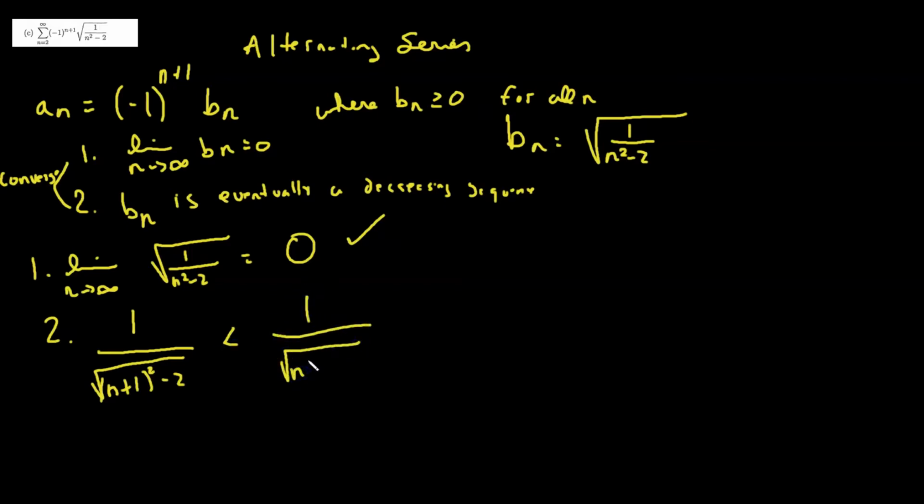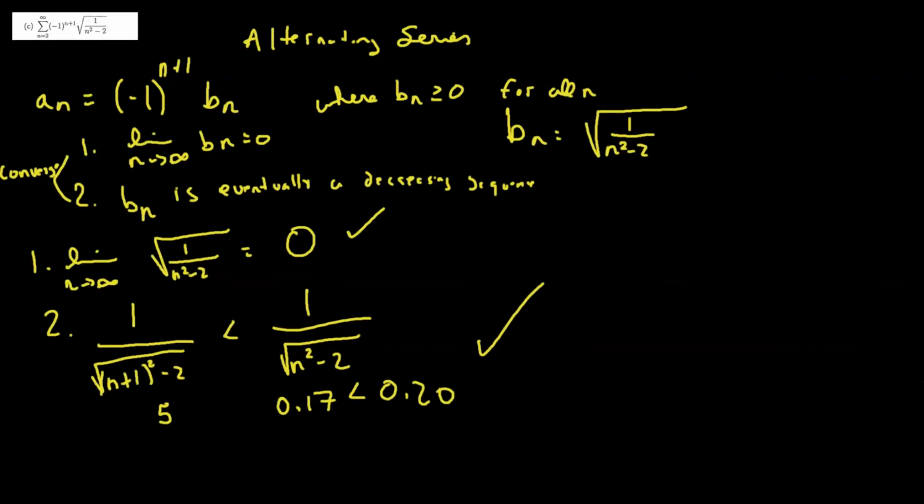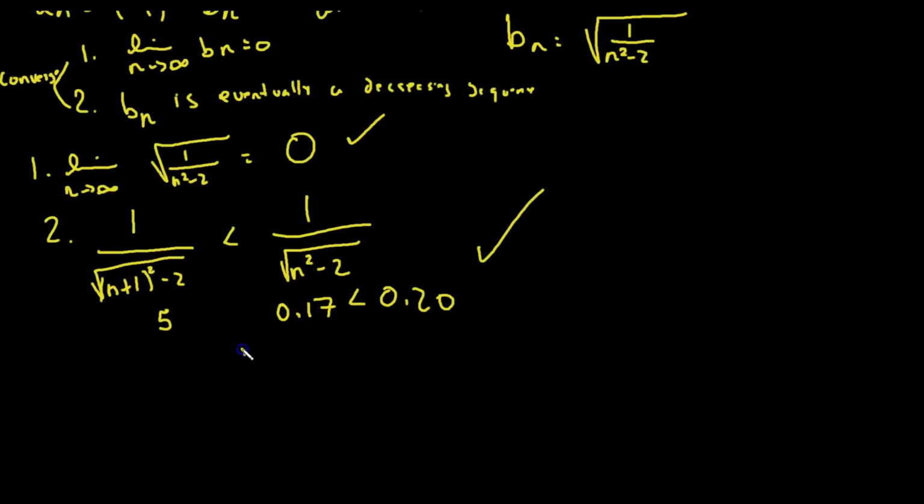So if this condition is satisfied, then we have a decreasing function. Let's say I plug in some value 5 here, you would get that 0.17 is less than 0.20. So it is decreasing. So this proves that it's converging here.